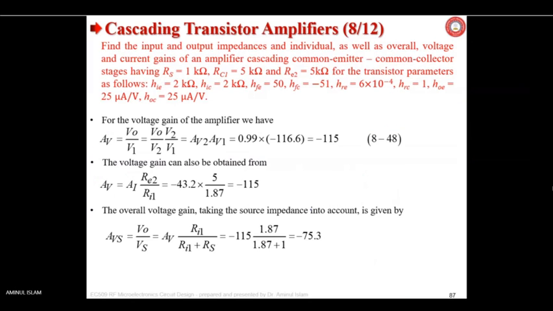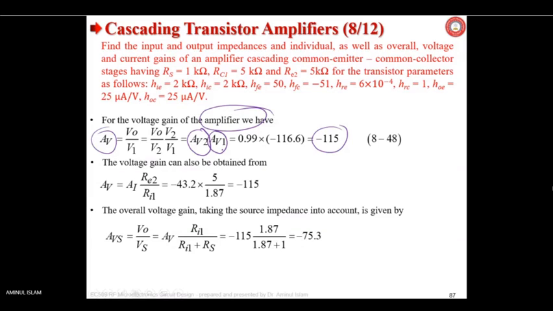Finally, the voltage gain of the amplifier: AV equals VO by V1, which is going to be minus 115. It is AV2 into AV1.